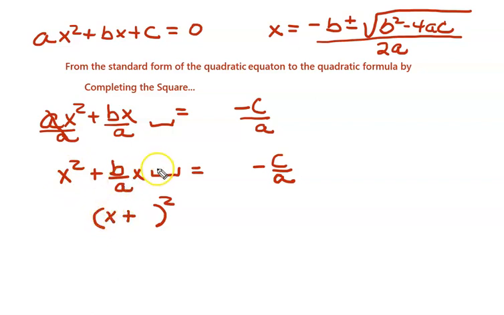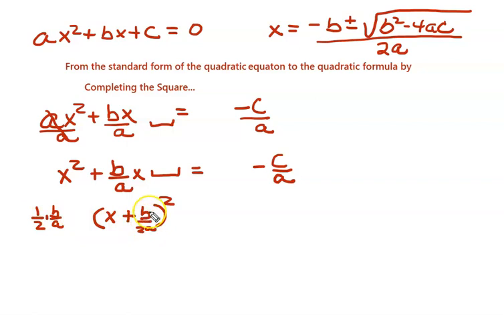To find our b term, we multiply these two together, double it, and we got that. To undo the doubling, we take half of this term. So 1/2 of b over a gives us b over 2a.